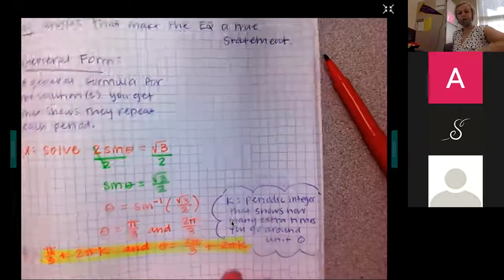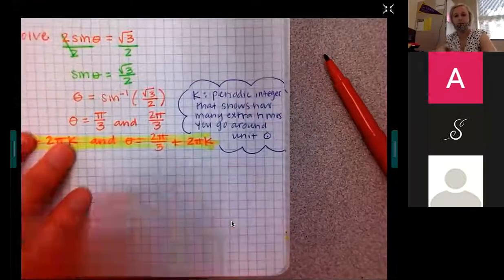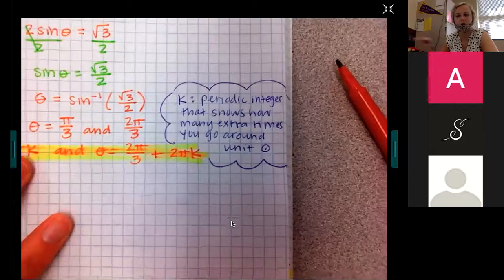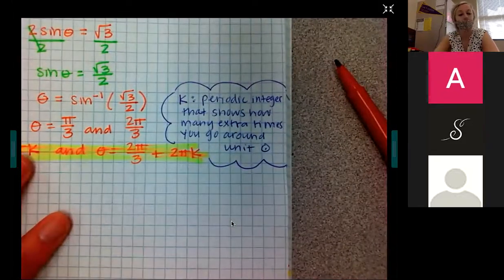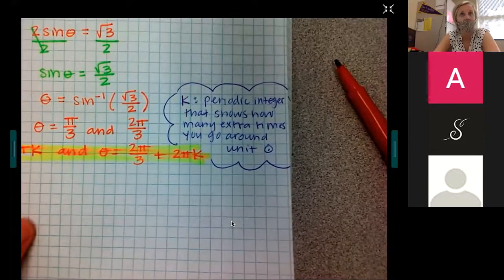Let me move it so y'all can see at home. There we go. So it's a periodic integer that shows how many extra times you go around the unit circle. That's what the K represents.